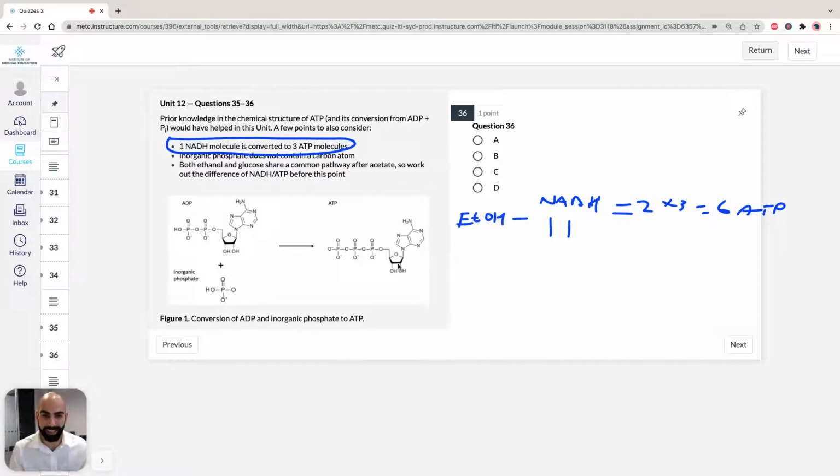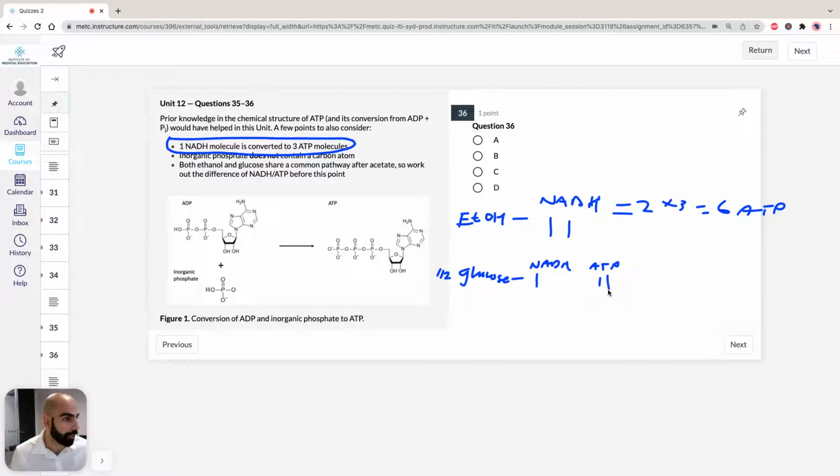Glucose, on the other hand, is half a mole. So we've got half a mole of glucose. Keep that in mind. So half glucose goes to pyruvate, which is going to give off NADH and 2 ATPs.